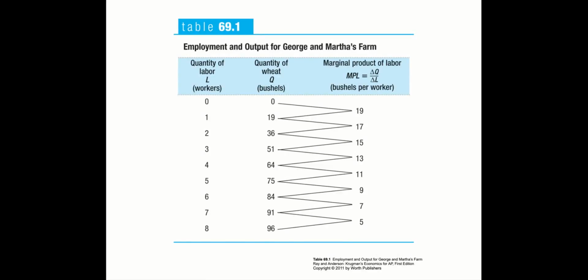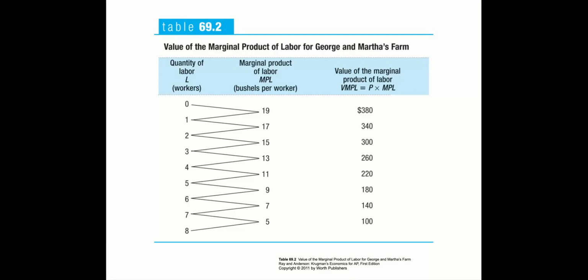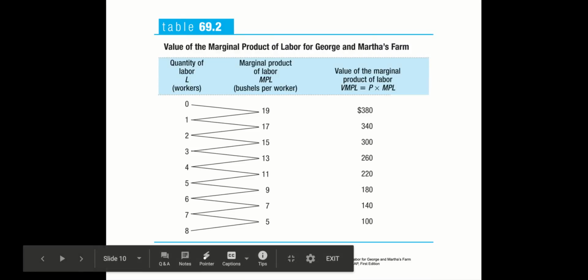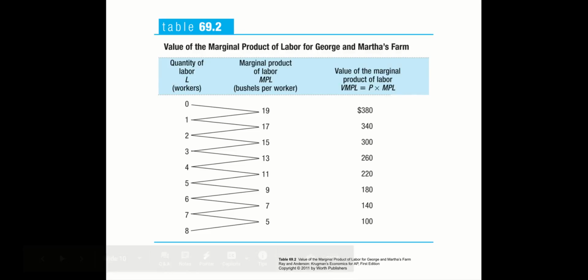Now, to take that one step further, what we do is we find out how much a bushel of wheat is, and we find out how much that worker is worth. For example, and this is directly from your textbook, each bushel of wheat is $20. So if the first worker gives me 19 bushels of wheat, 19 times 20 is 380.